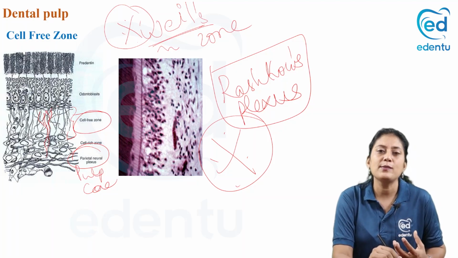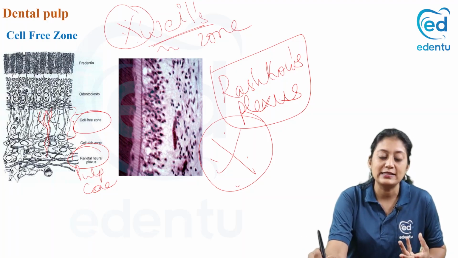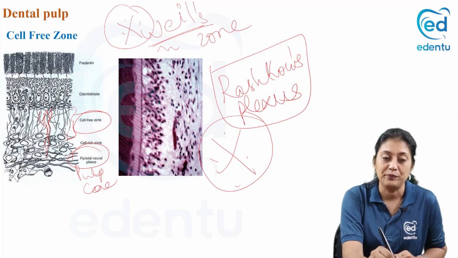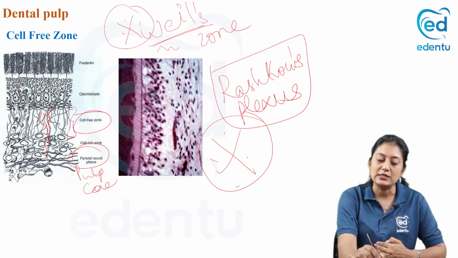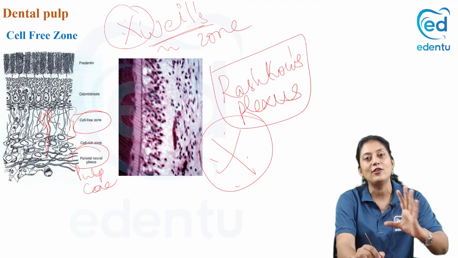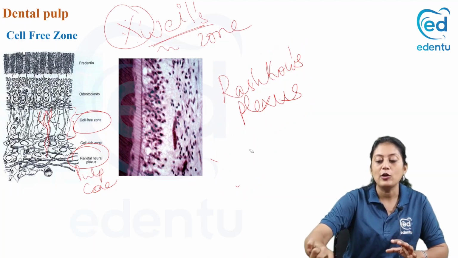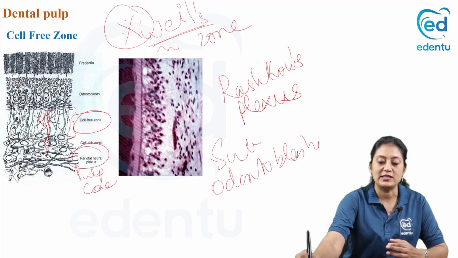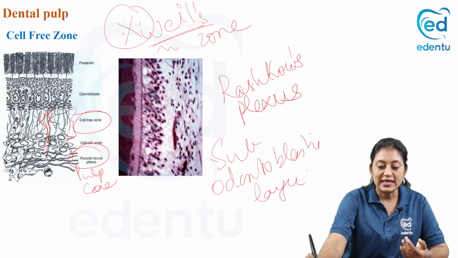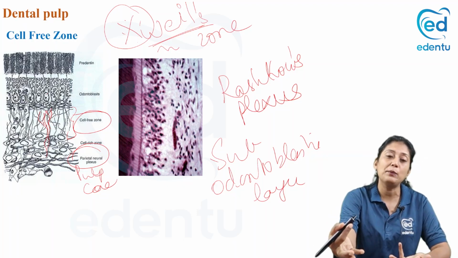So sometimes in the textbook, if you see the location of Raschkow's plexus, it is written as the subodontoblastic layer. That is also correct. Sometimes in the MCQ options, you will not have an option of cell-free zone, but instead you will only have an option of subodontoblastic layer. That is the tricky question, because the subodontoblastic layer is nothing but the layer beneath the odontoblast. What is the layer beneath the odontoblast?